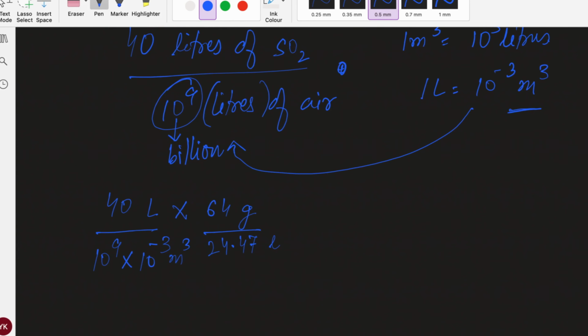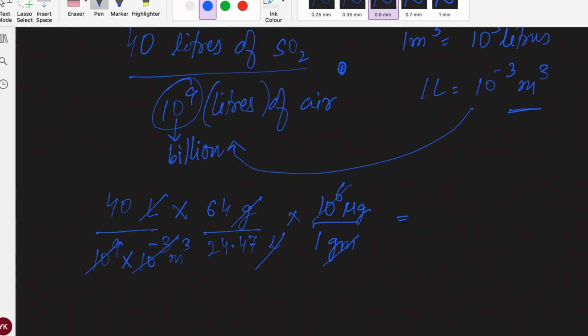Now we cancel liters with liters, and another thing is that 1 gram has 10 raised to power 6 microgram, so gram cancels with gram. We are left with just these numbers: 10 raised to power 6 cancels with 10 raised to power 9 multiplied by 10 raised to power minus 3, which is 10 raised to power 6.